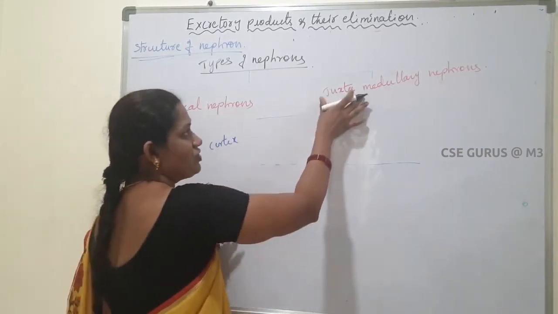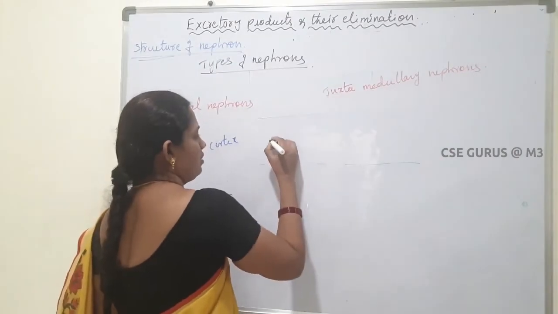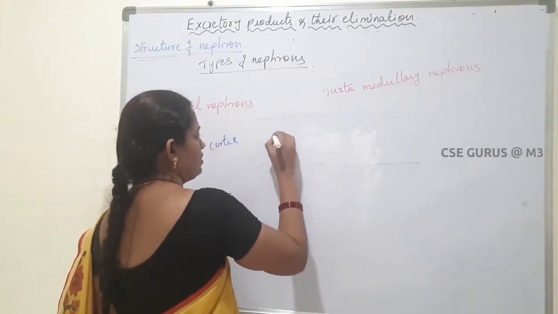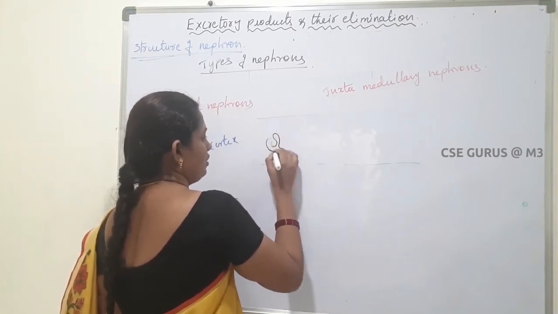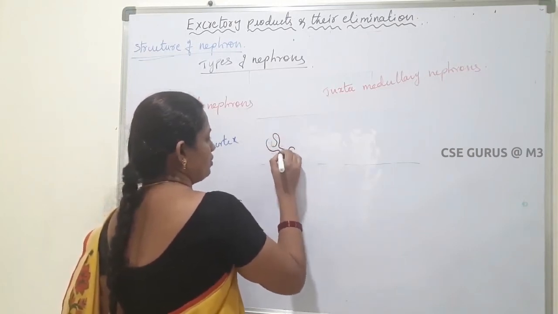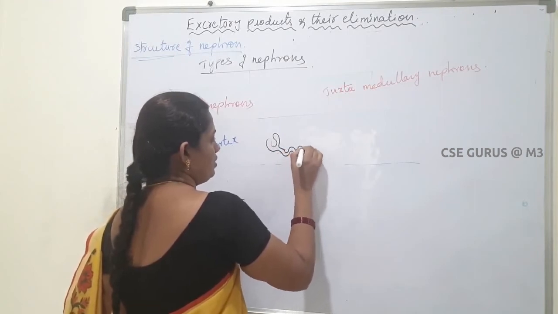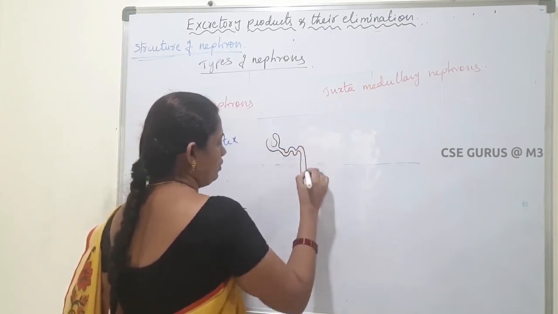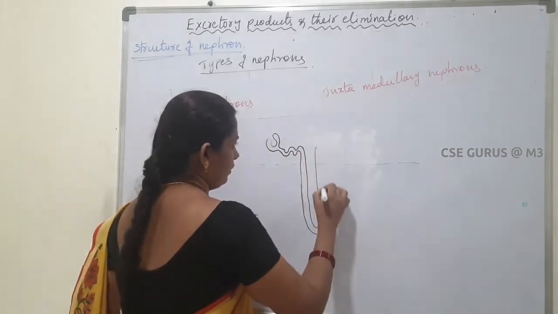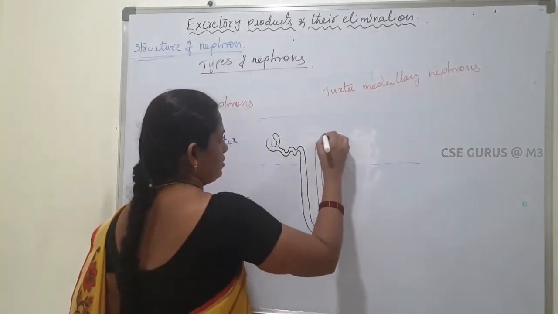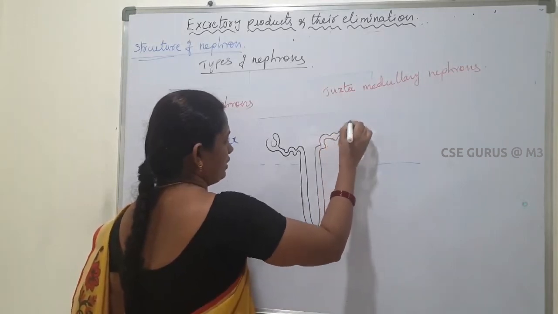Here in the juxtamedullary nephron, for example, this is the nephron structure: Bowman's capsule, next PCT, proximal convoluted tubule, next loop of Henle, next distal convoluted tubule, next collecting duct.